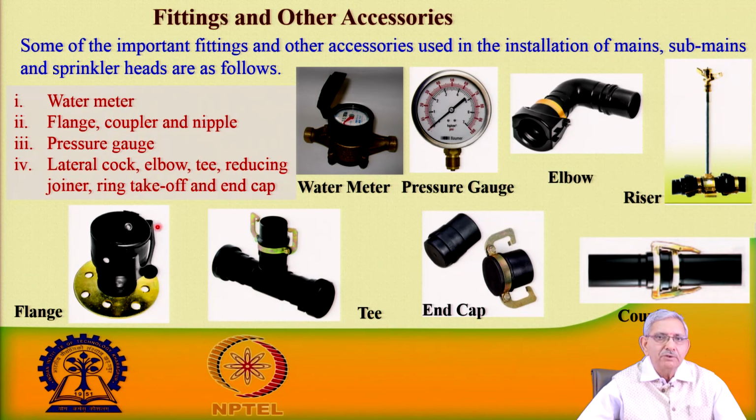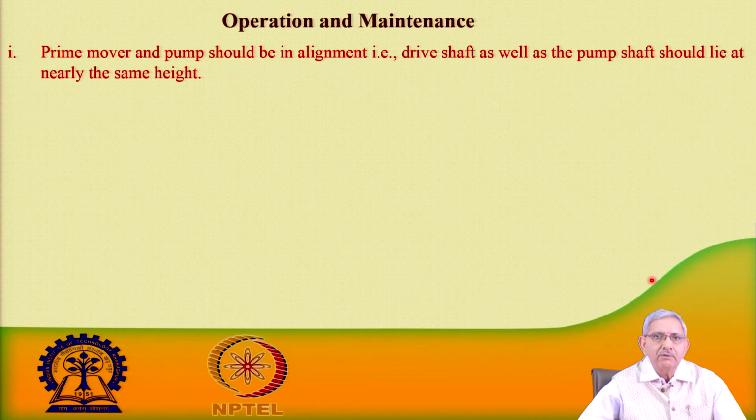This kind of flange connects two pipes, and in between these two pipes the sprinkler is mounted. This is a T, and this is an end cap to terminate the water line, and this is the coupler for joining one pipeline with another pipeline when we want to extend the length of the pipeline.